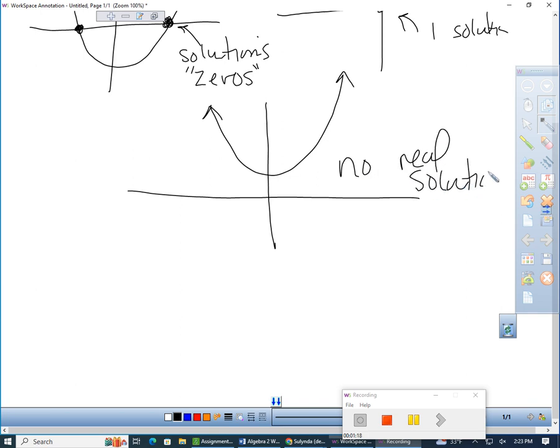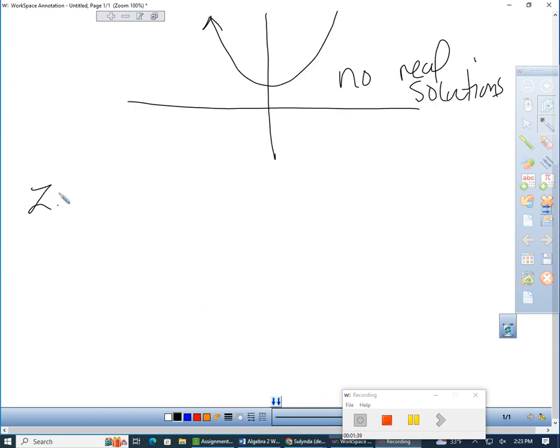So today we're going to do 3 ways to solve quadratics, and we're going to do 3 ways to solve tomorrow. Okay? There's 6 ways. This is all a review from Algebra 1. Okay? So the first one we're going to talk about is what we call the zero product property.